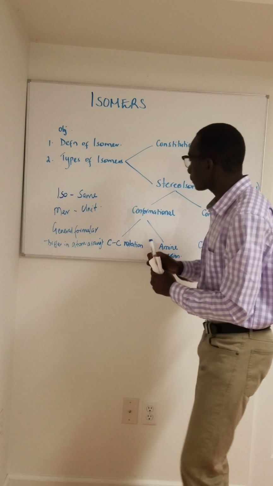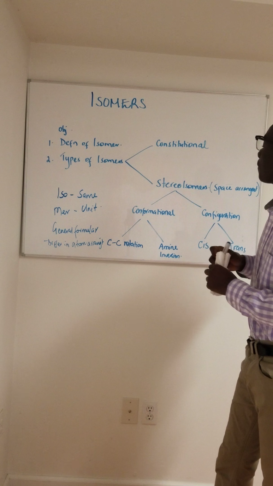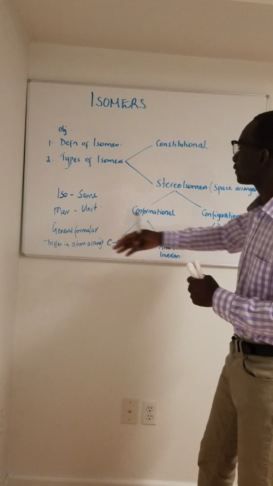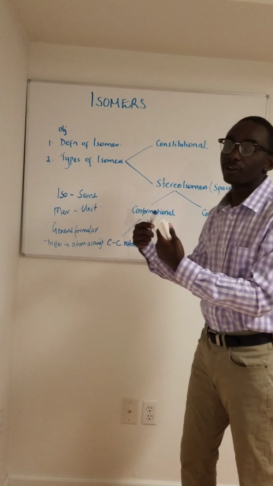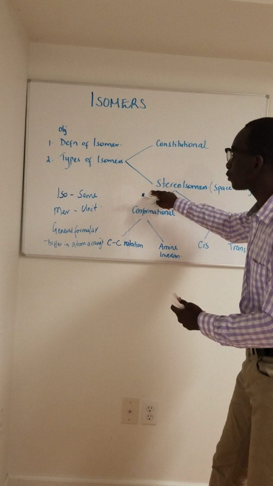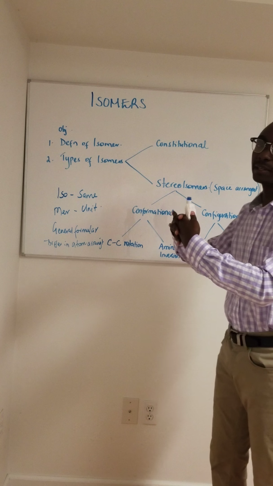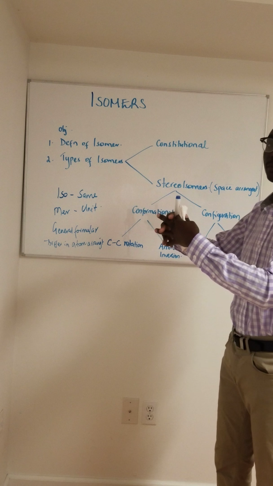With these two types, the constitutional isomers are basically isomers that have the same general formula but different arrangement of atoms. Whereas for the stereoisomers, it is the arrangement of atoms in space, because stereo means something to be in space, spatial.